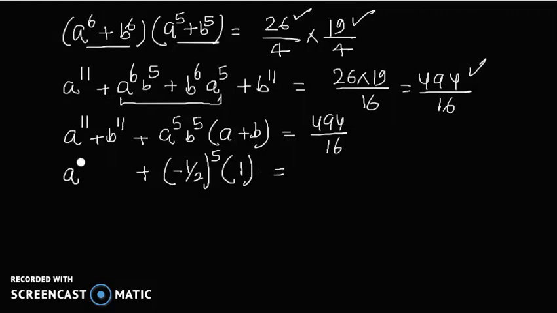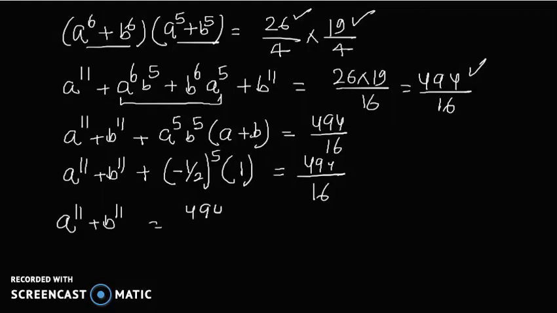So a raised to power 11 plus b raised to power 11 will be, let me rewrite it, and then 1 by 2 raised to power 5 will be minus 1 by 32, which when brought to this side will become plus 1 by 32.